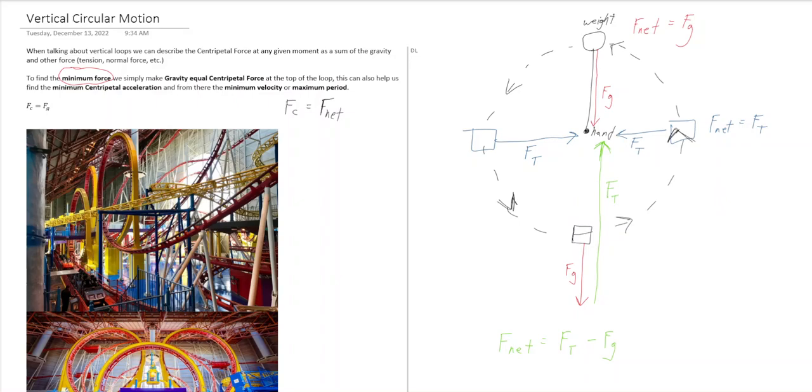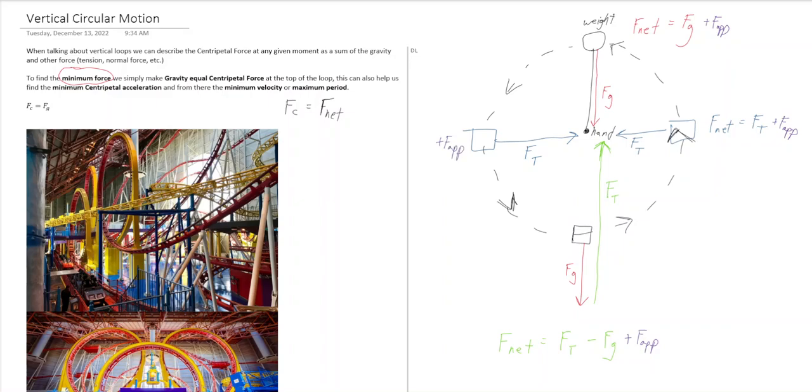Now, this is for minimum force. We could always add a force on top. If we wanted to, we could add an F applied here, some extra force. We could add that same force everywhere. Then your F net is going to be the same, plus F applied.